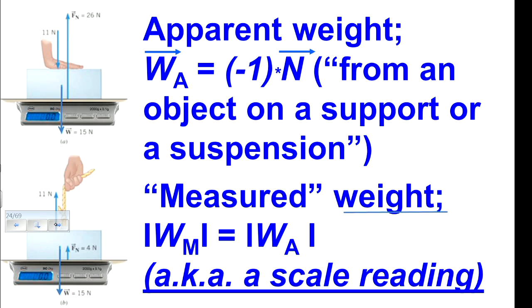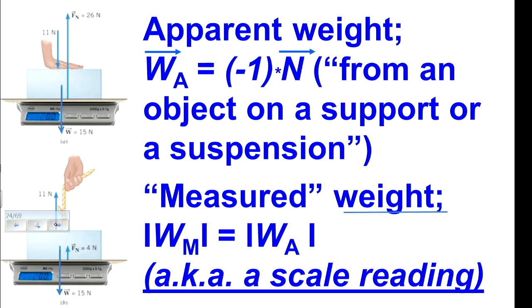So now when we have talked extensively about normal force, we can introduce a new definition. Usually people call this weight, but that's wrong. We should call it technically the apparent weight. And by definition, the apparent weight is what the scale measures.